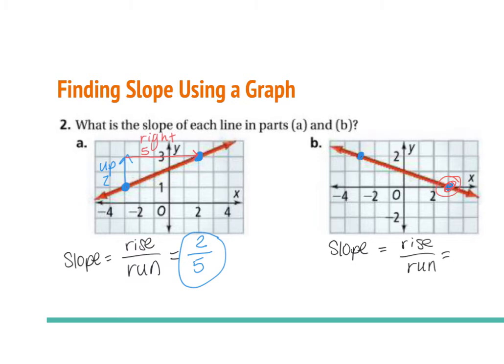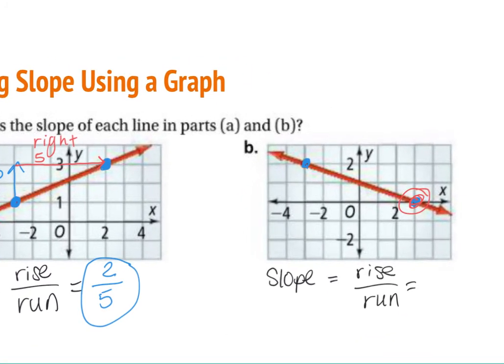Okay. Rise over run. How much am I going to have to rise to make it to the second point, if we're starting at the one on the right? Up 2. Remember, if we're moving up 2, that's a positive, so we write positive 2. And how much are we running?